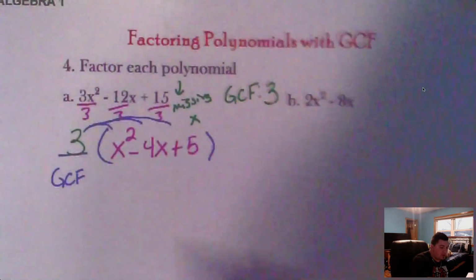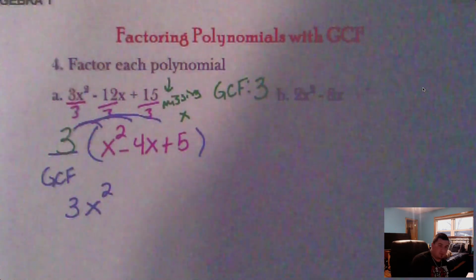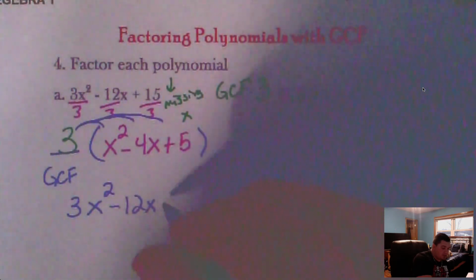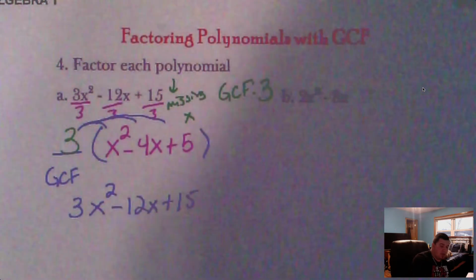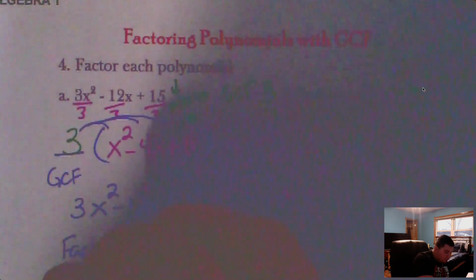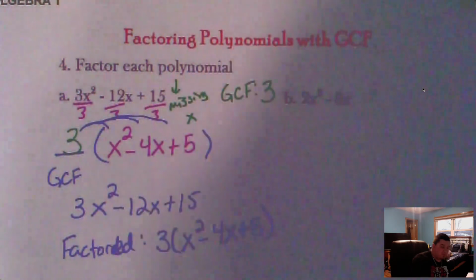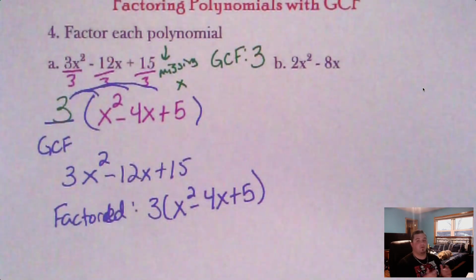We're going to check, distribute in, and I can check my answer. So the greatest thing about this is if you do it right, you can always see 3 times x squared is 3x squared. 3 times negative 4x is minus 12x. 3 times 5 is 15. It does go back to the original. So our factored form is 3 times x squared minus 4x plus 5. Okay, now that's what we would do for just GCF.